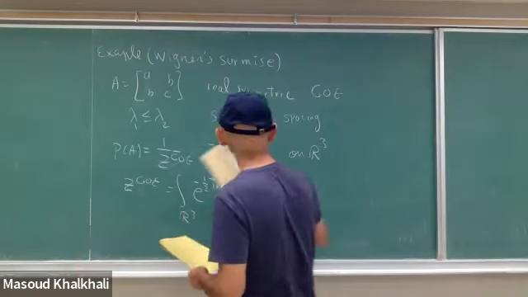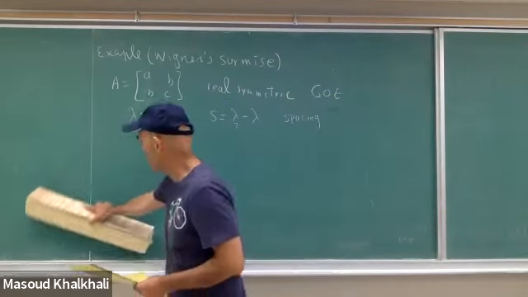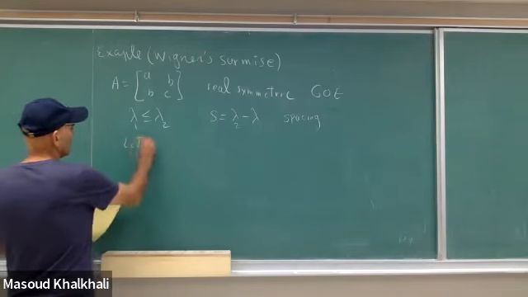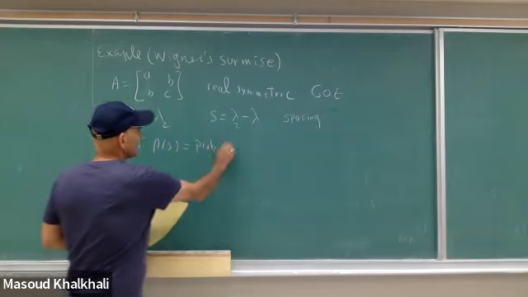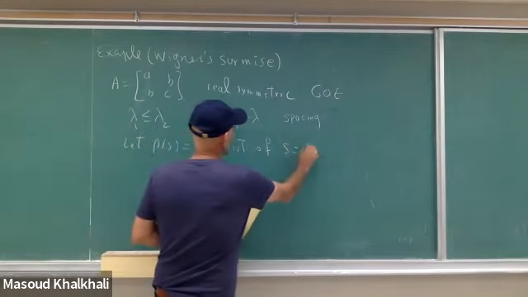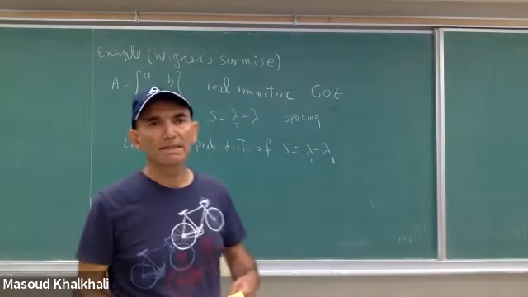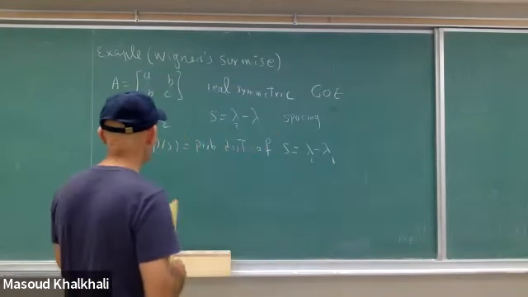So now we can look at the probability distribution of this. Let rho of S be the probability distribution of S equal to λ2 minus λ1. It's a probability measure that exists only on the right-hand side of the real line, of course.